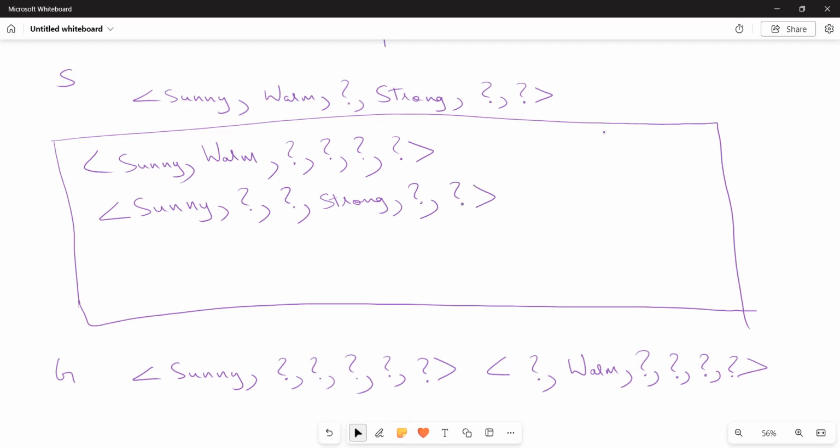Now this is your second hypothesis. If you compare warm and Sunny, warm, you will again get Sunny, warm. That is this hypothesis. But since it already exists, we're not going to repeat it. So we can compare the same with strong.